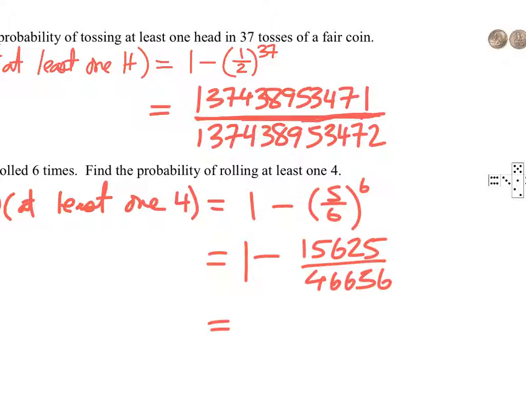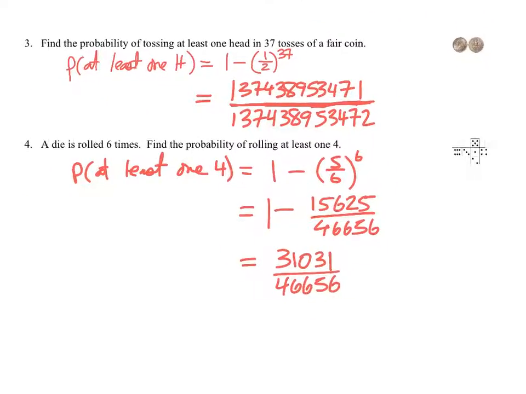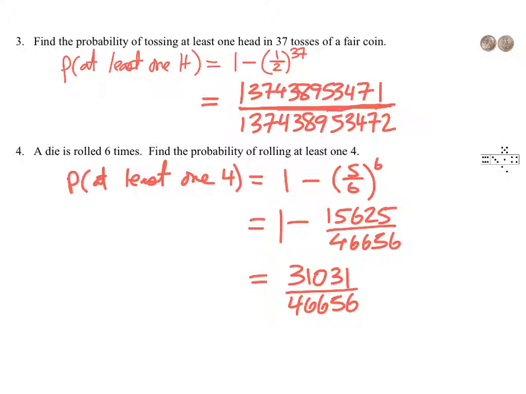So we're looking at 31,031 over 46,656. All right, so you get a nice exact value. In this case, I think we would agree, nice exact value. Whereas in number 3, I would not call this a nice exact value. I'd call it an exact value. I wouldn't qualify it as being nice.